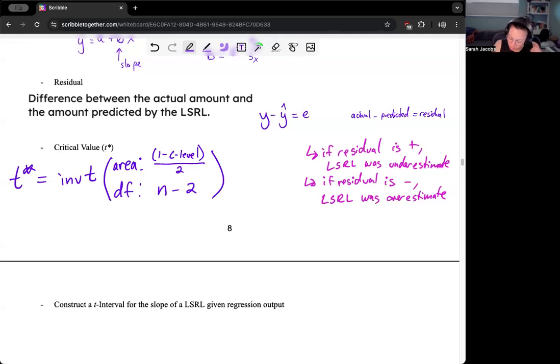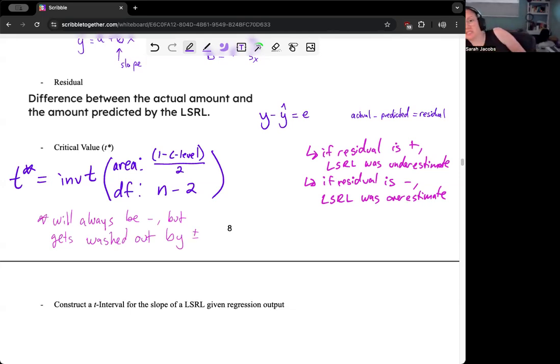Remember that this will always be negative. But that doesn't matter because it gets washed out by the plus or minus in the confidence interval formula, right?